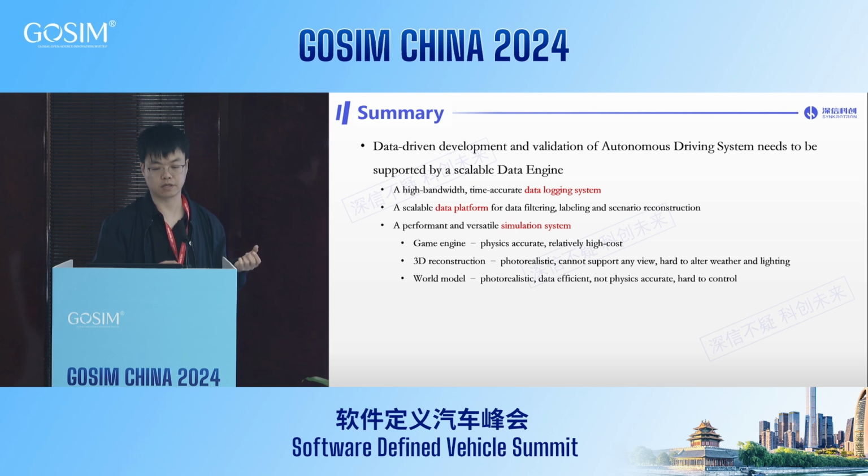It's not yet 3D consistent or spatial-temporally consistent, and it's hard to control. Based on the output actions from your ego vehicle, it's hard to alter the viewing angles or the behaviors of the objects within the scene. So yeah, this is all I have to say about data engines, and thanks for listening.